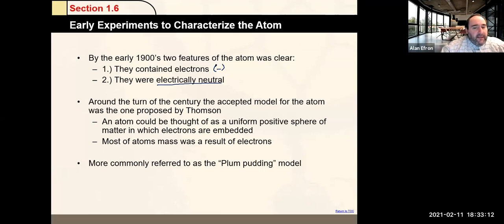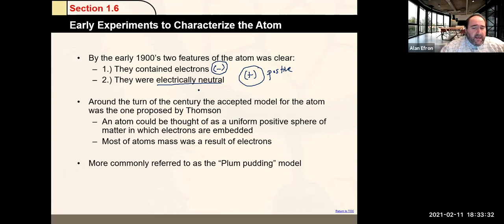So clearly, if we have particles in the atom that are negatively charged, and the atom is neutral, the only way to do that is to have something there that is positive in terms of charge, to balance out the negative charge from those electrons.